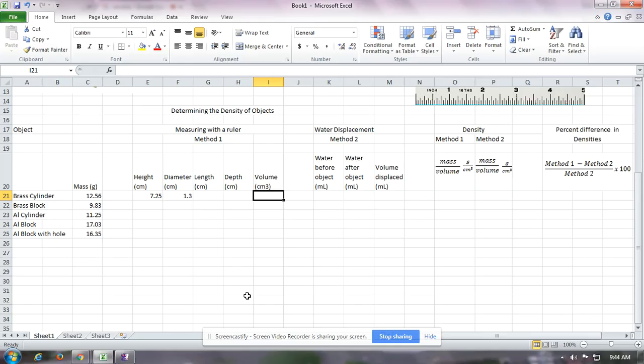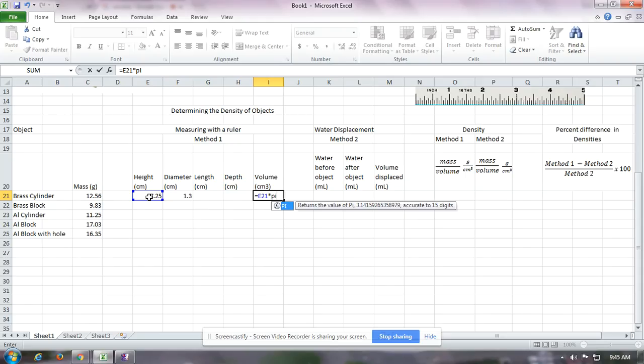But in order to find the volume, since it's a cylinder, you're going to have to write an algorithm that's going to go in this column. That is pi r squared times the height. So you would just start out by saying equals, and you would click on this height column, and then you would say times, and then I don't know if pi is in here, but let me see if it is.